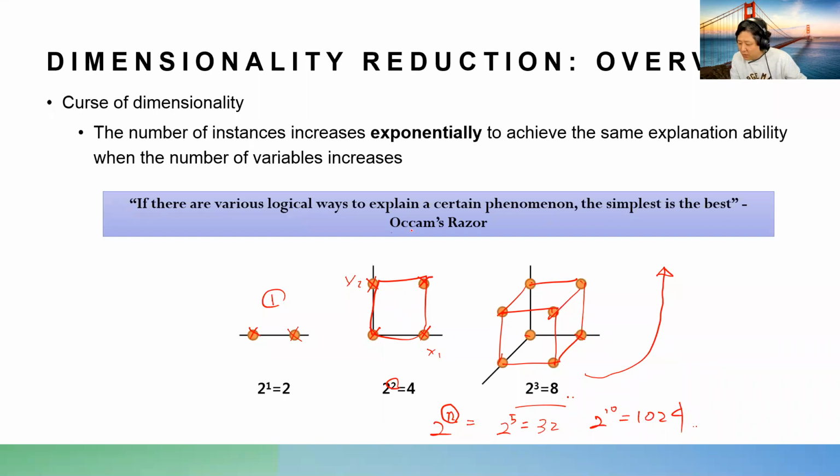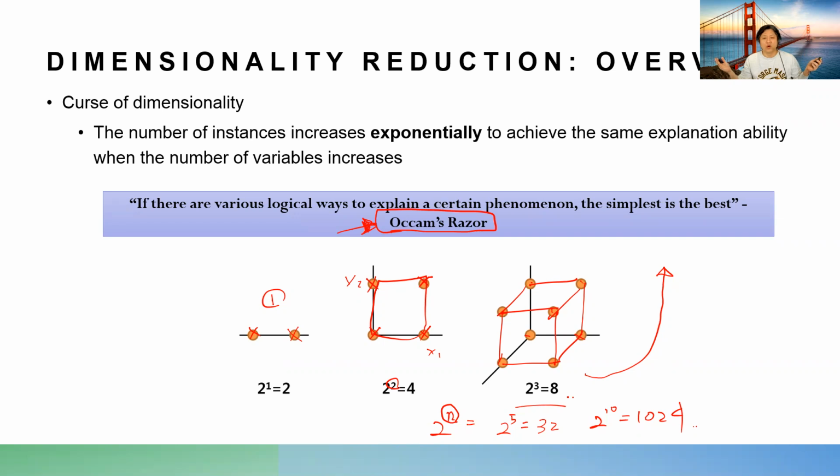So Occam's razor is a very famous quote that talks about dimensionality reduction. If there are various logical ways to explain a certain phenomenon, the simplest is the best. Let's say we have 20 variables.